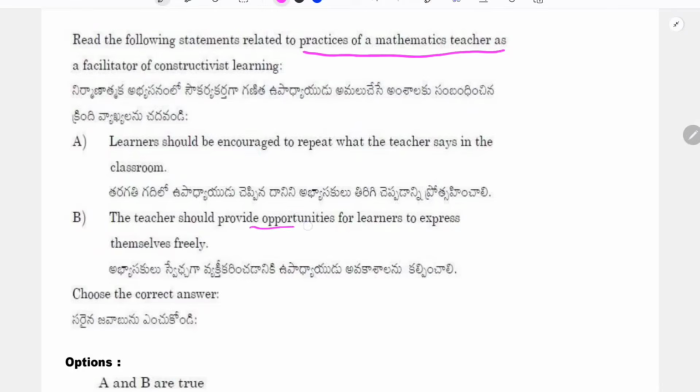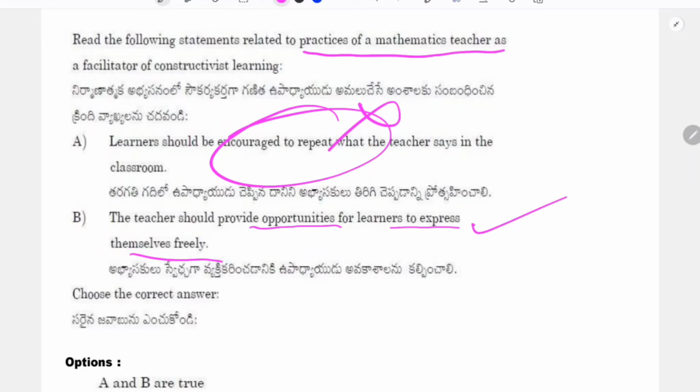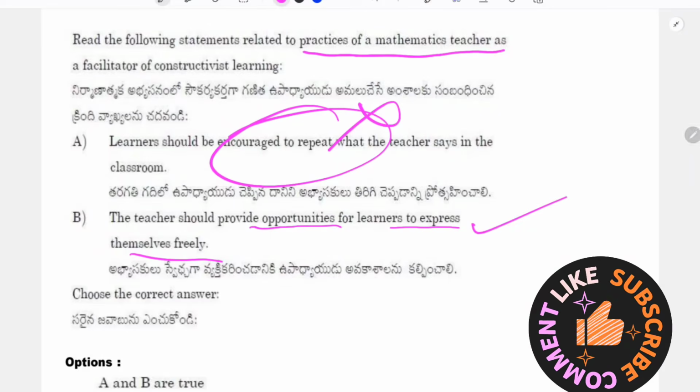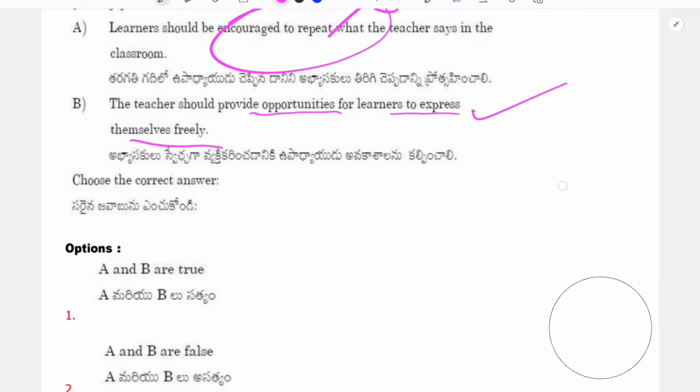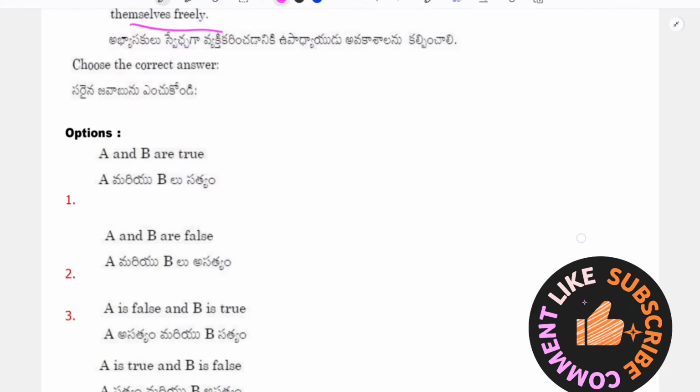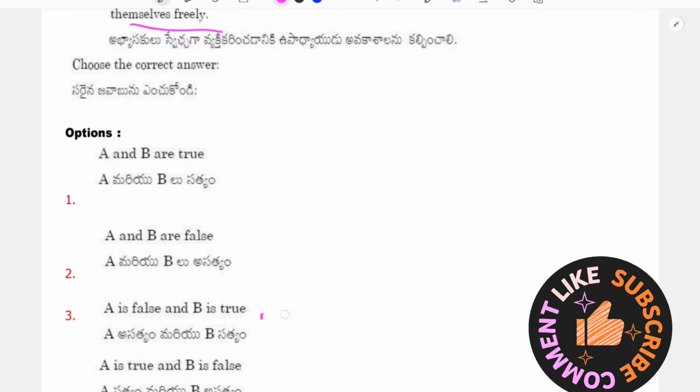B: the teacher should provide opportunities for learners to express themselves freely. Very easy. We should not encourage repeating. We should give opportunities to learn and express freely. Students should express what they have understood. Then only the teacher will know whether they are understanding or not. So A is false and B is true.